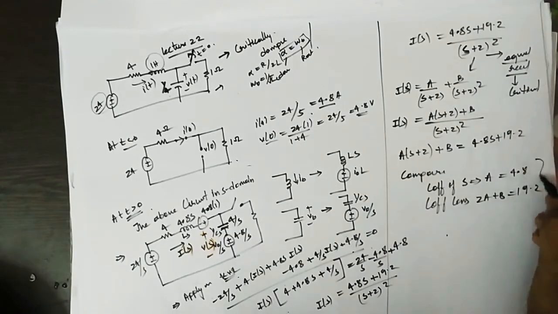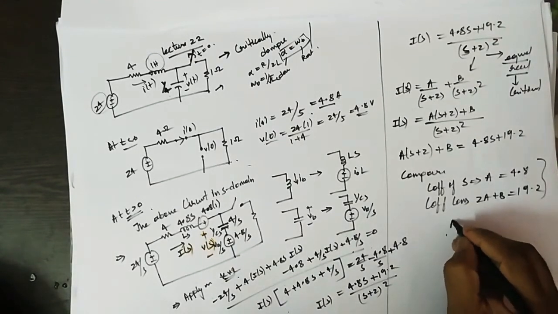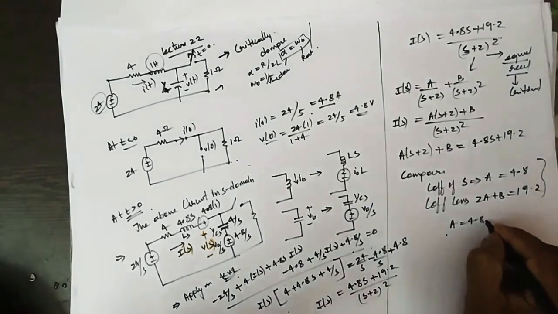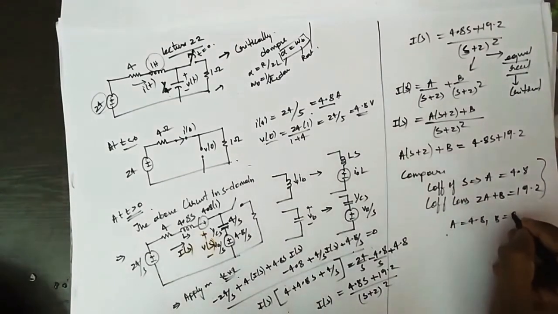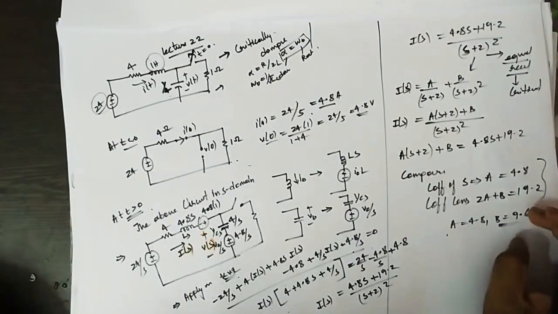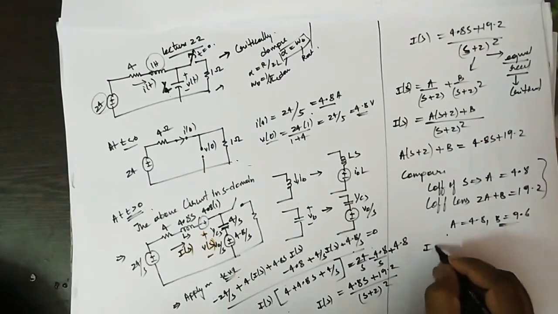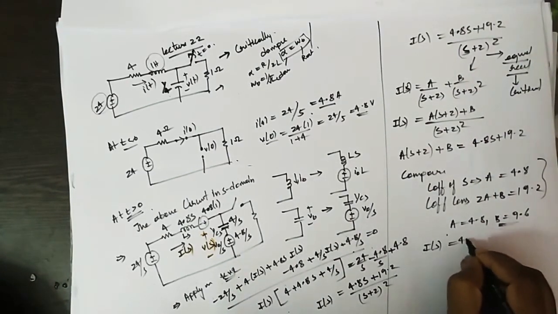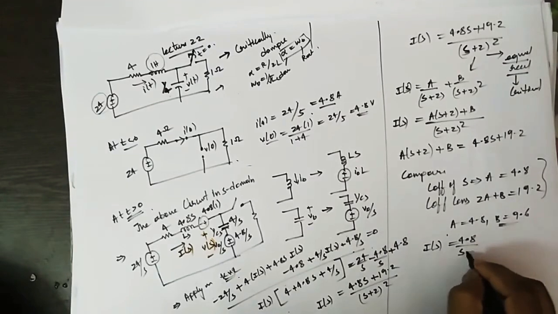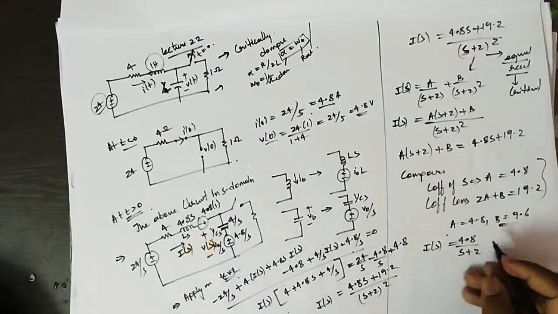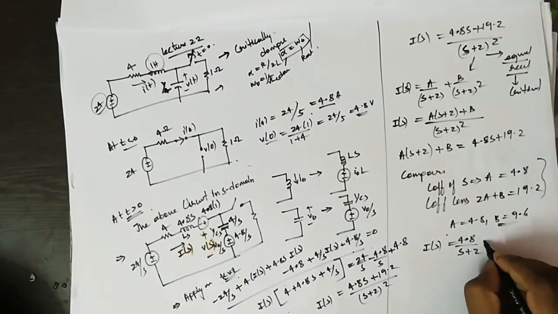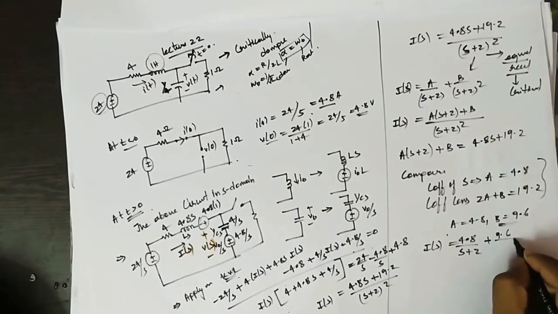So equating these terms, you will get A equal to 4.8 and B equal to 9.6. Replacing these values in this equation, I of s equal to 4.8 by s plus 2 plus 9.6 by s plus 2 whole square.